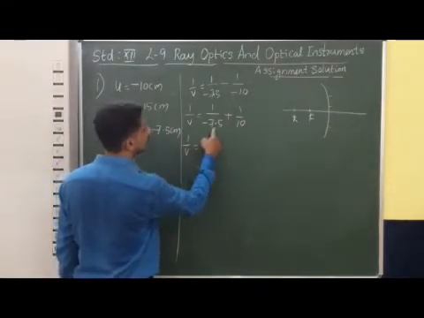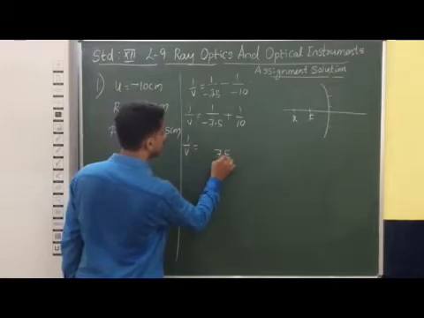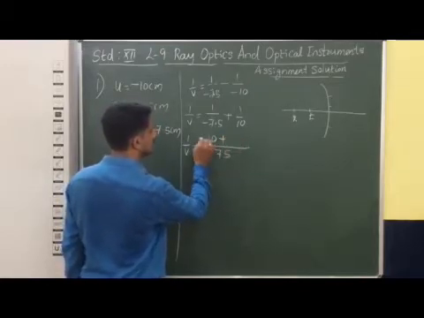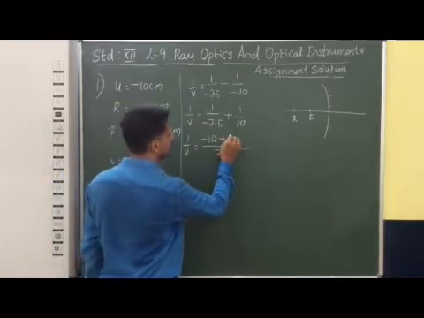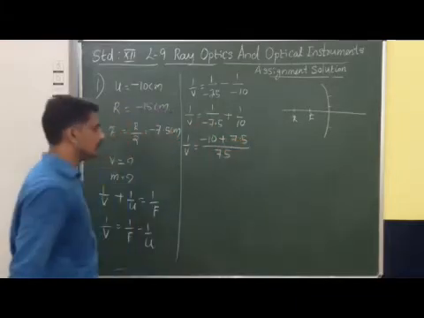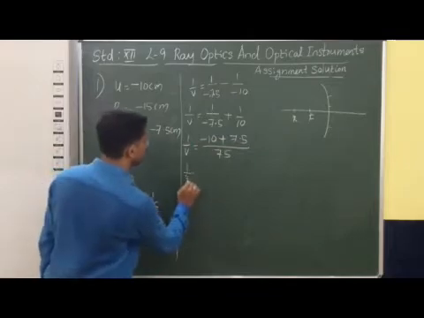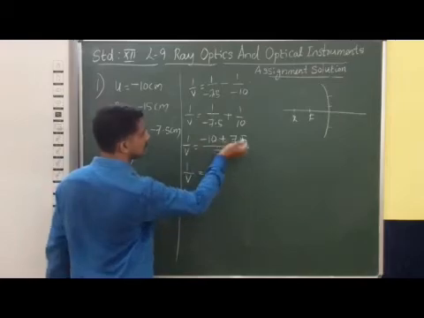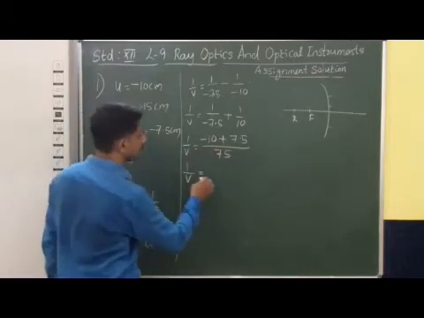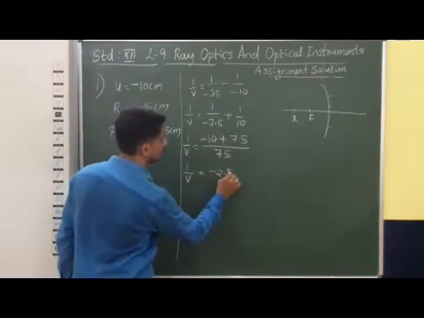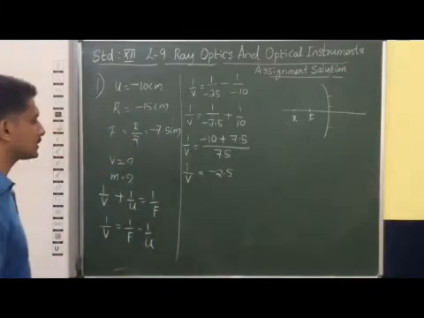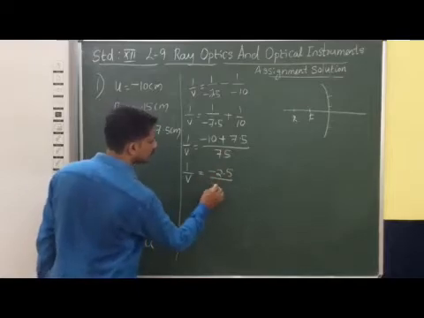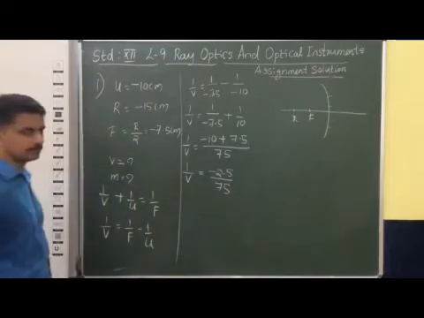So 1 by V is equal to, with 75 as the common denominator, minus 10 plus 7.5, which gives minus 2.5. So 1 by V is equal to minus 2.5 divided by 75.